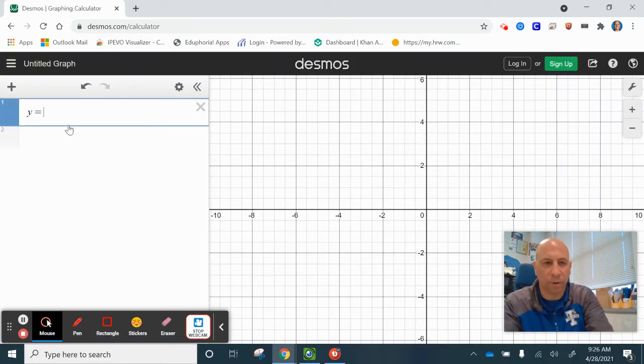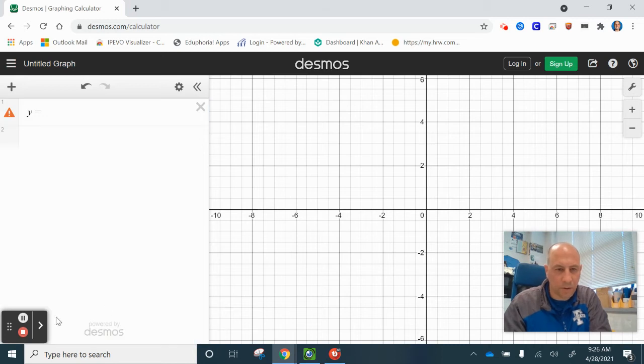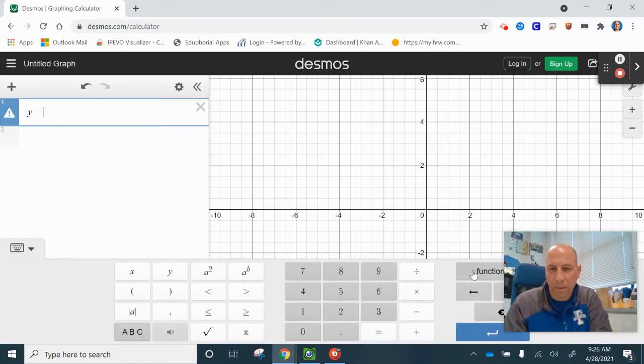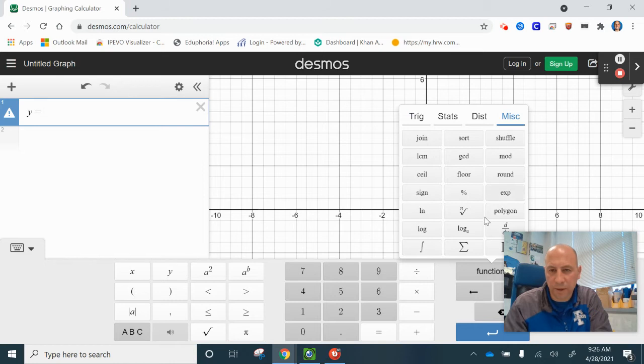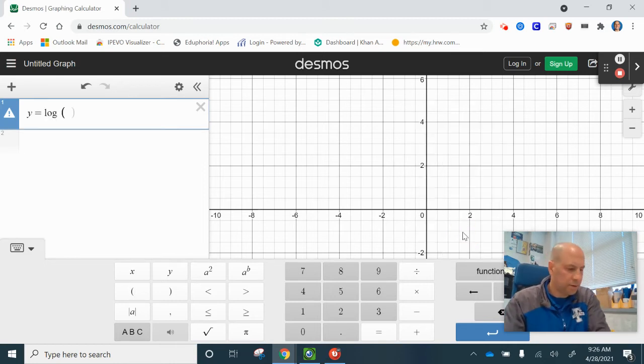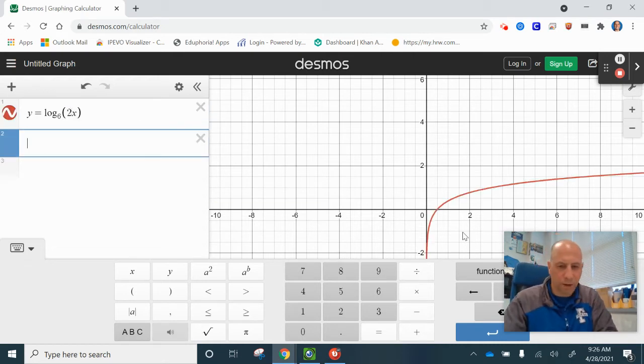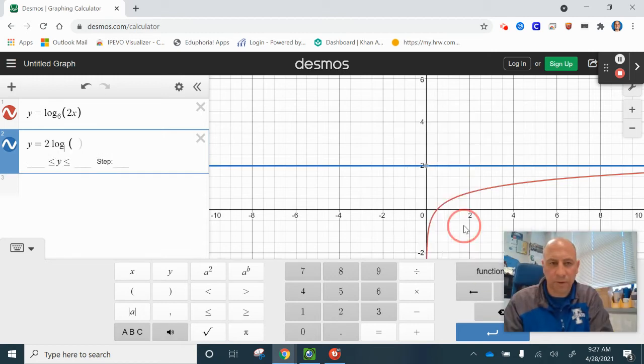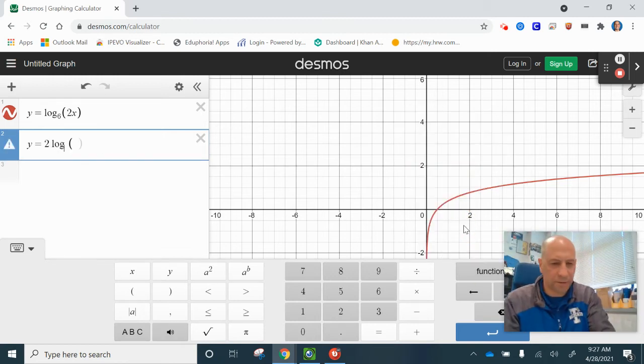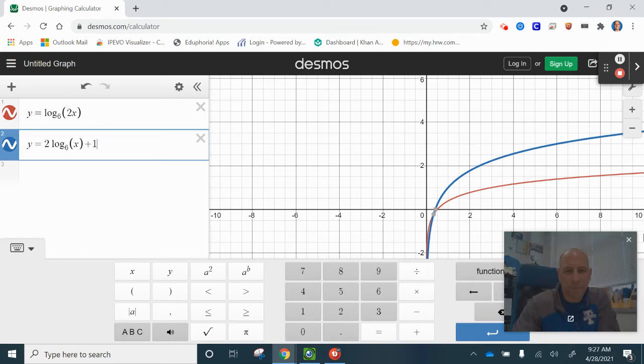So I'm going to write y equals, functions, miscellaneous, log base 6 of 2x, and then y equals 2 times log base 6 of x plus 1.